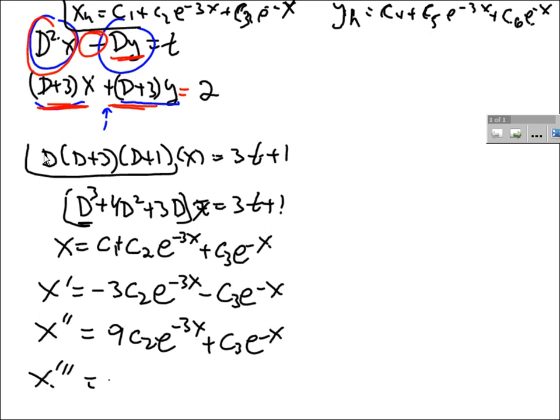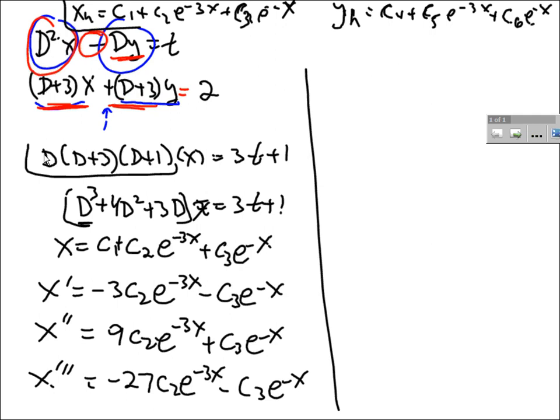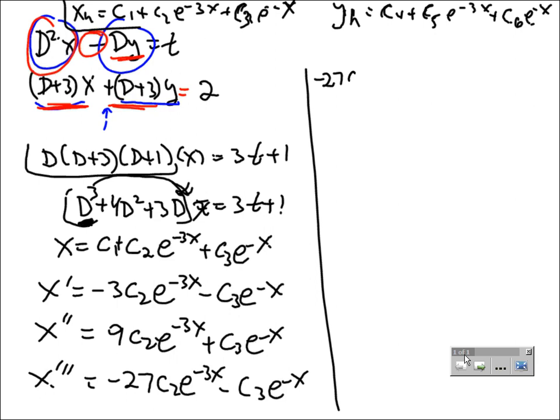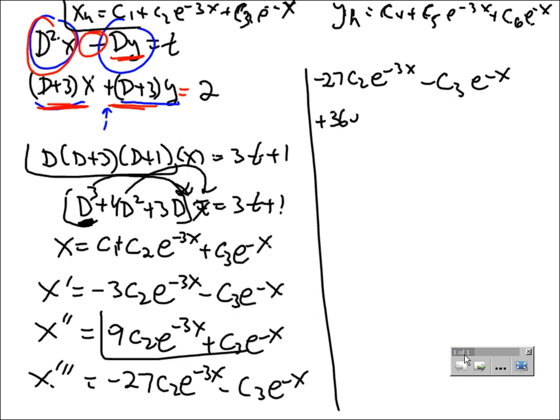And x triple prime is negative 27c2 e to the negative 3x minus c3 e to the negative x. So I write down the third derivative of x, and then I add on 4 times the second derivative.